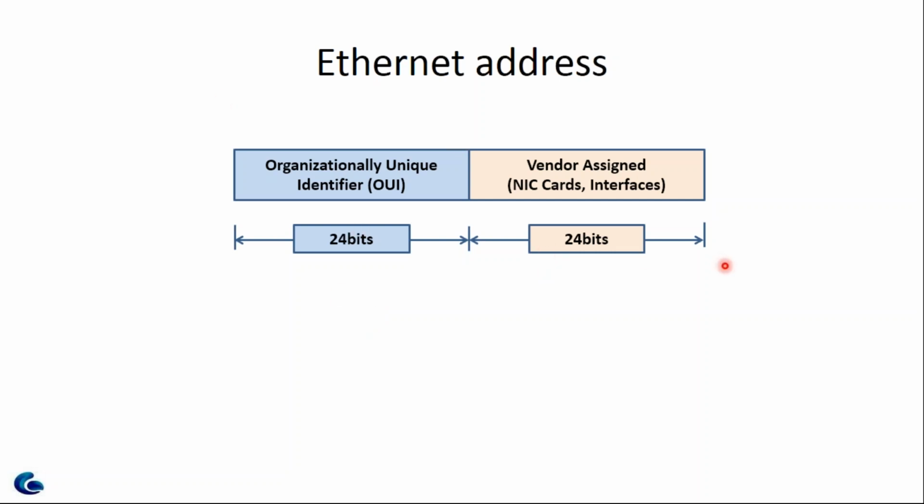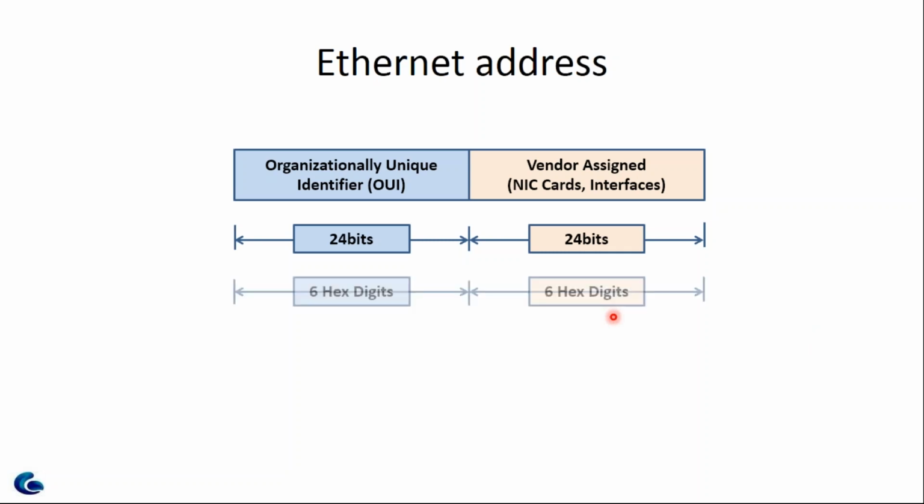And the balance 24 bits is a vendor-assigned specific address of that specific piece of hardware. So for all the PCs or printers made by, say, Hewlett-Packard, HP, their organization identity will remain the same, but these bits keep changing depending upon the individual piece, right?